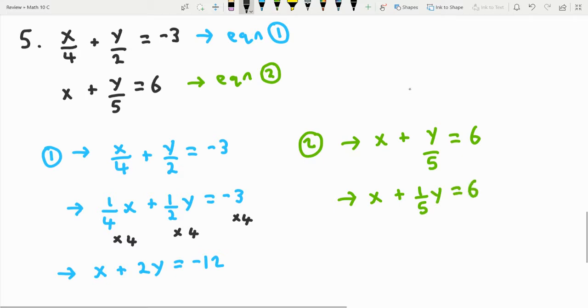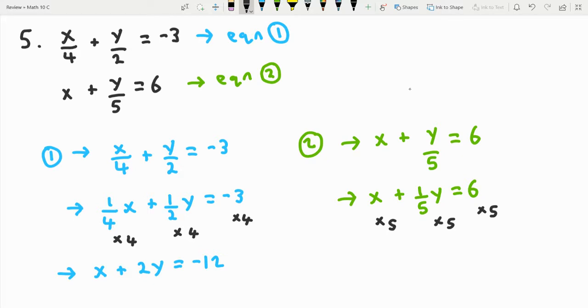And from here, I want to multiply every term in my equation 2 by the denominator value, which is 5. So I want to multiply every term by 5. By doing this, I get rid of my denominator.